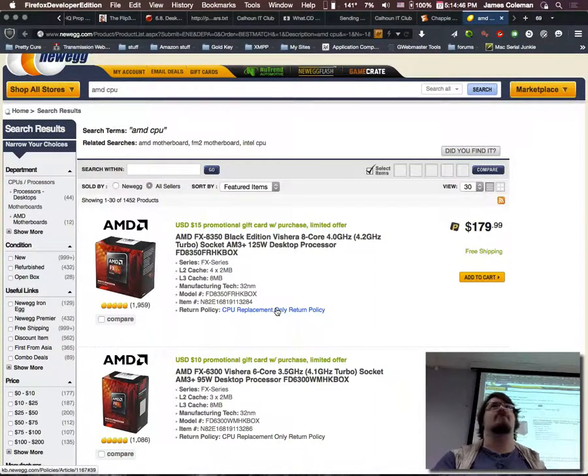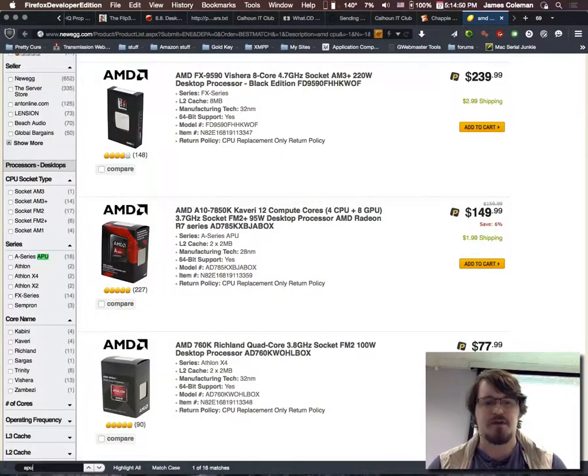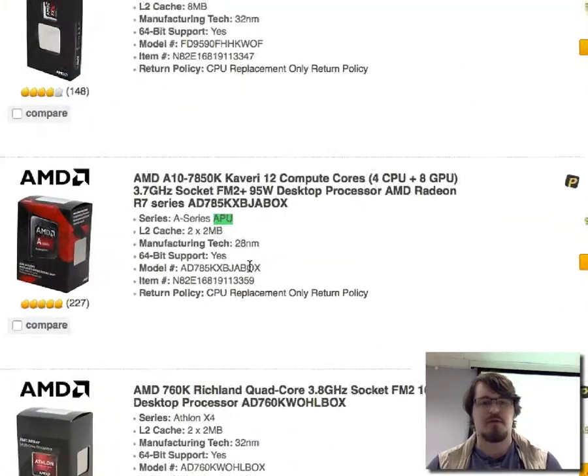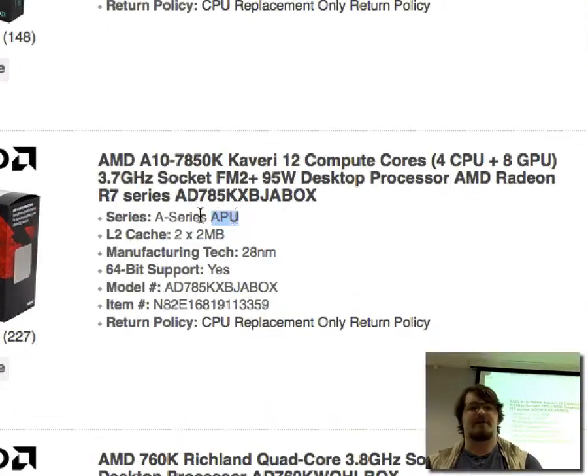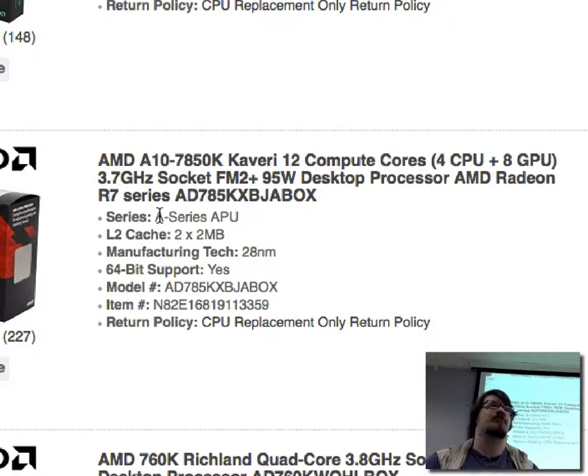So if you search for APU, you see this processor right here, it says it has an A series APU. If it has an APU, that means it also can do graphics, and you can get a motherboard that supports HDMI and VGA and all that.